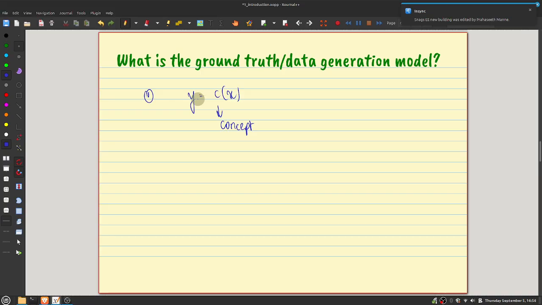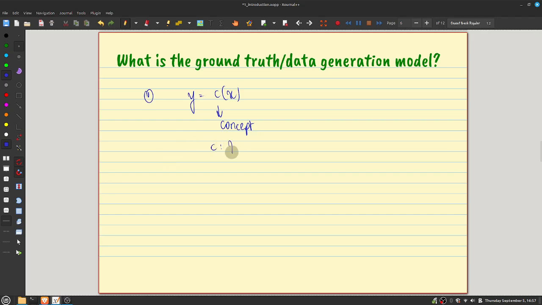But that's not necessarily true. In general, maybe you know something about the relationship between the label and the instances. So maybe you know that C comes from some restricted class of functions, and that class of functions is called a concept class.